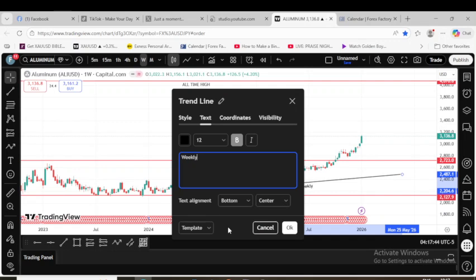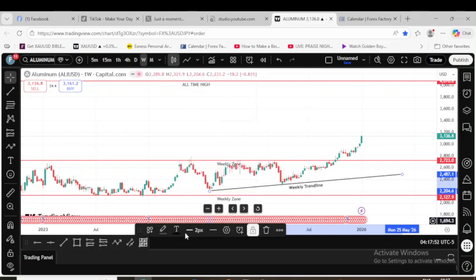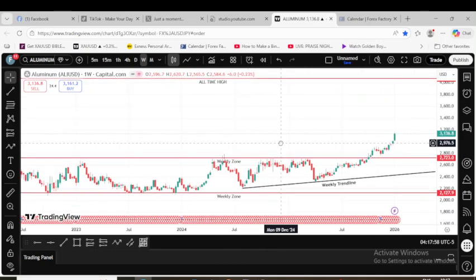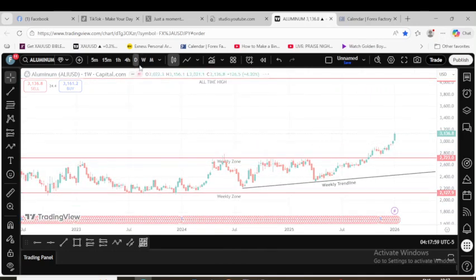This will be our weekly trend line. Now let's go down to the daily time frame.